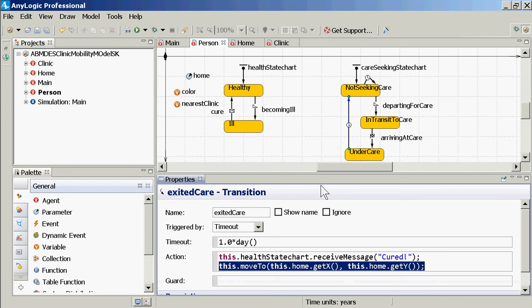So who would like me to go through each of the pieces of this model again? Because we're going to be building on this model. Yeah, Trent. So why is it a receive message for cured? We're basically telling the state chart, handle this message, cured. We're not telling the state chart to send off the message. We're telling it to receive it, as if you receive an envelope.